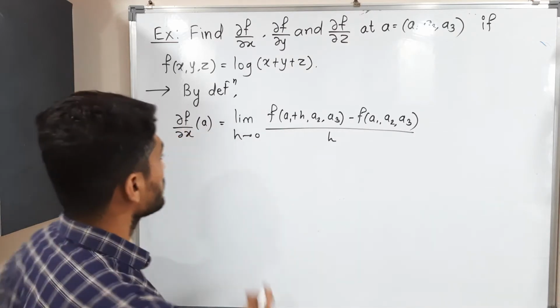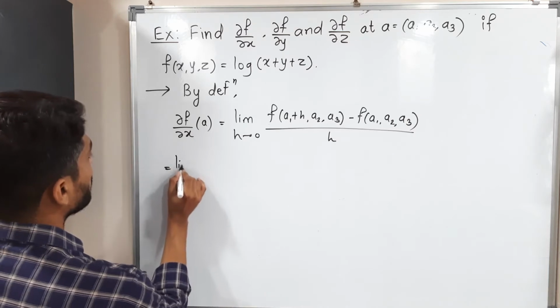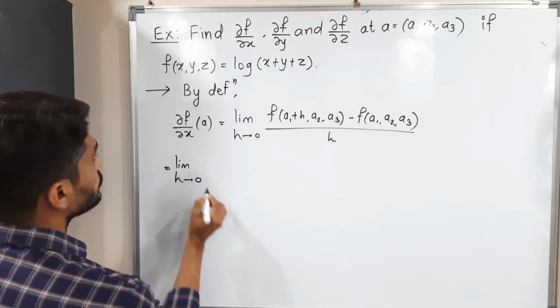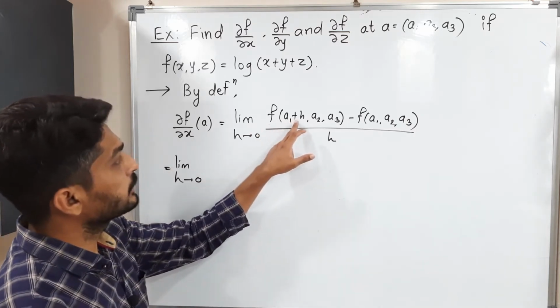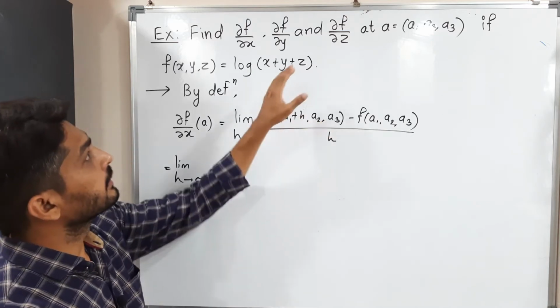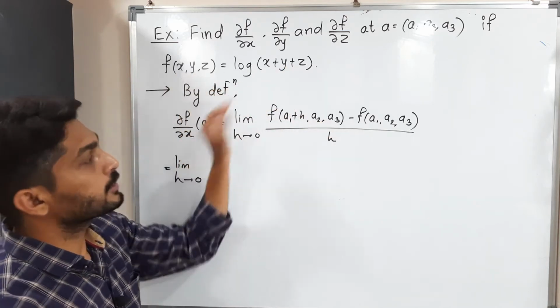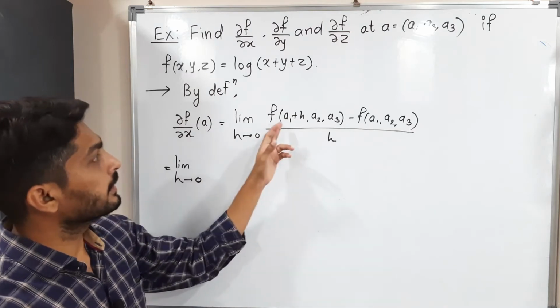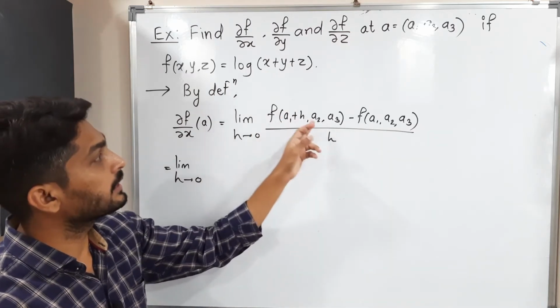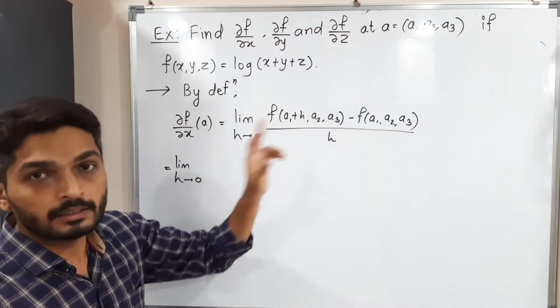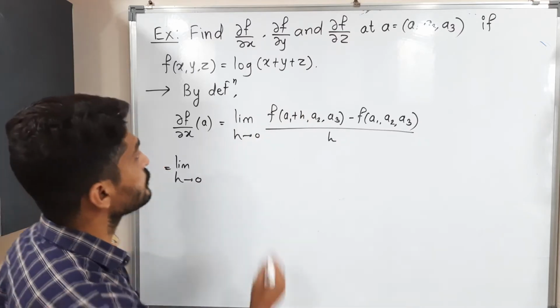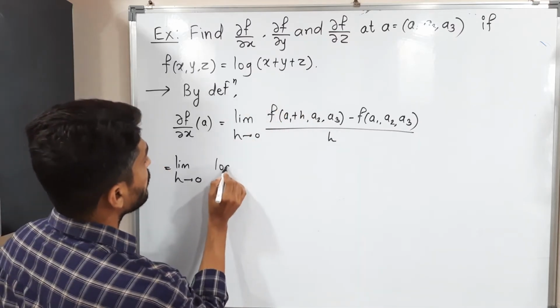So let us use the definition of f. Limit h tends to 0, f of (a1 plus h, a2, a3). We have this definition of f, let us use it. What is x here? a1 plus h. What is y here? a2. And what is z here? a3. So this is nothing but log.